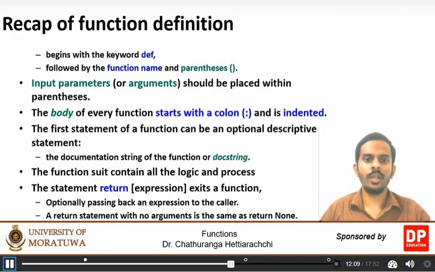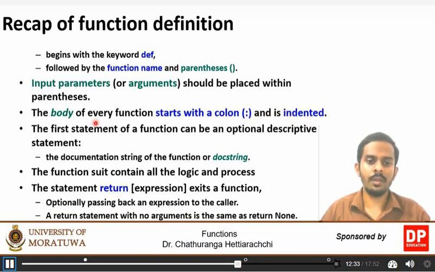So let us quickly reiterate the syntax of the function definitions. It begins with the def keyword followed by the function name and the parentheses. If there are any input arguments, you can put them inside the parentheses. The body of the function starts with a colon and the body of the function is indented.